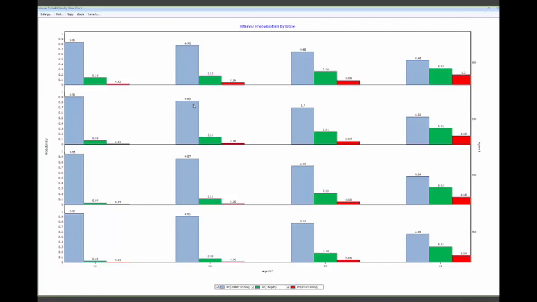So here, all of the dose level combinations are below 25%. And then among those, I will select the highest green area.